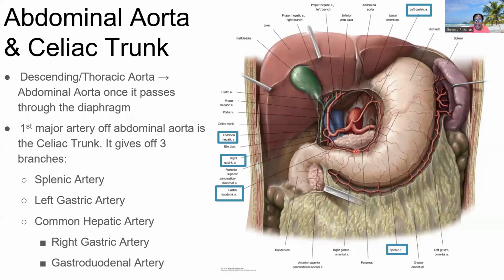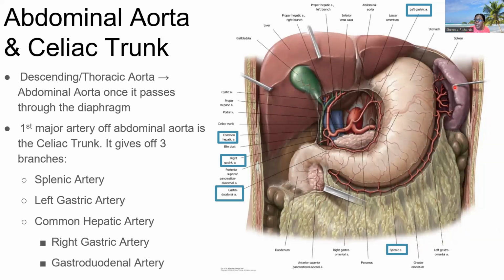So we have the celiac trunk first. And so the celiac trunk is the first major artery. It's going to give off several initial branches, the splenic artery being the first one. And the splenic is this windy or bendy or tortuous artery that runs behind the stomach and goes and supplies the spleen, right?